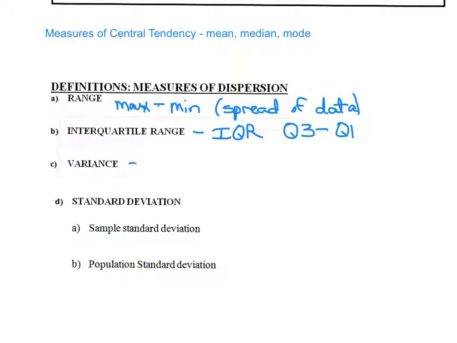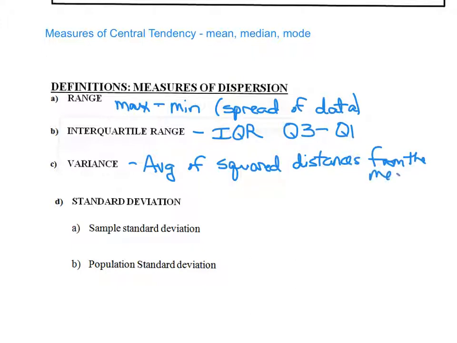Variance is going to be the average of the squared distances from the mean. Again, you should have been exposed to this term back in algebra.